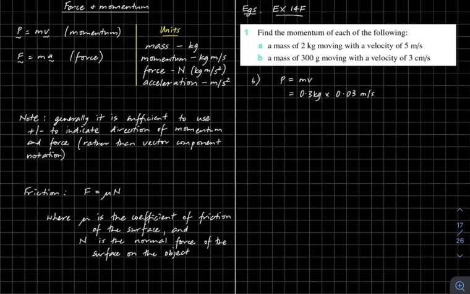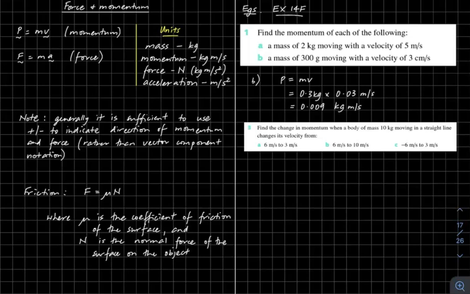So really the only thing in this question is getting our units right, and then if we multiply 0.3 by 0.03, well, that's 9, isn't it? So 3 decimal places, and kilograms meters per second. Alright, so there's an example just calculating basic momentum.